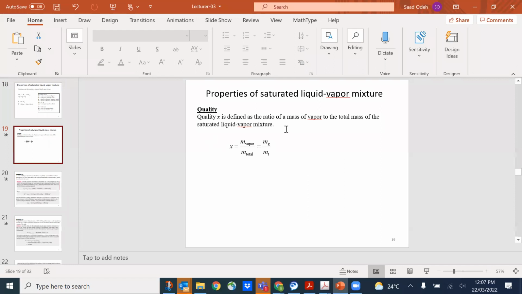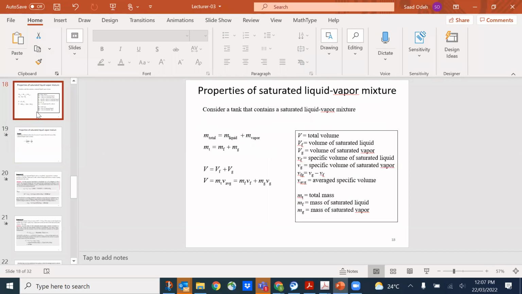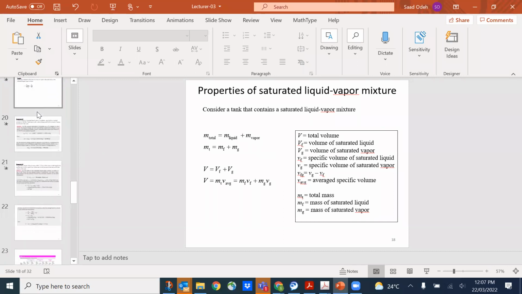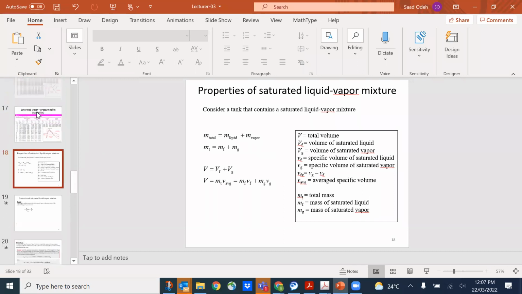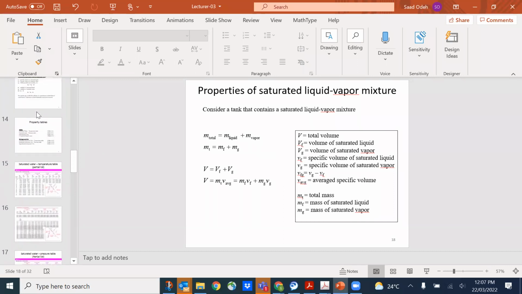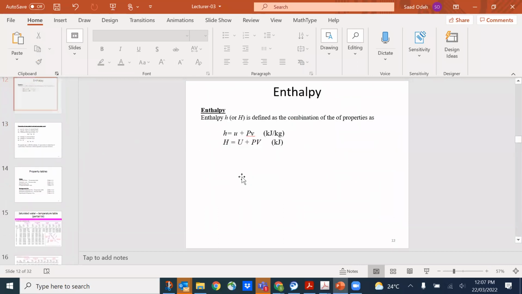Yeah, this one. X quality is mg over mt, and where is that? Oh yeah, here.